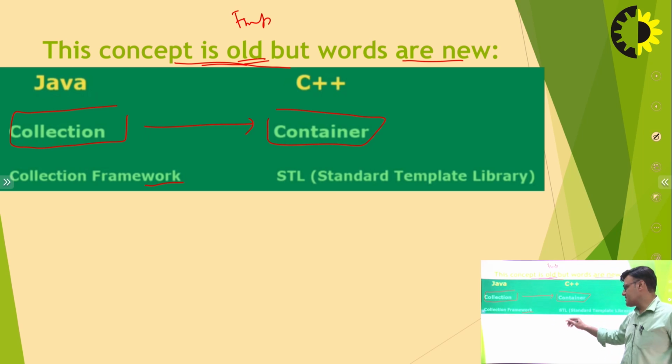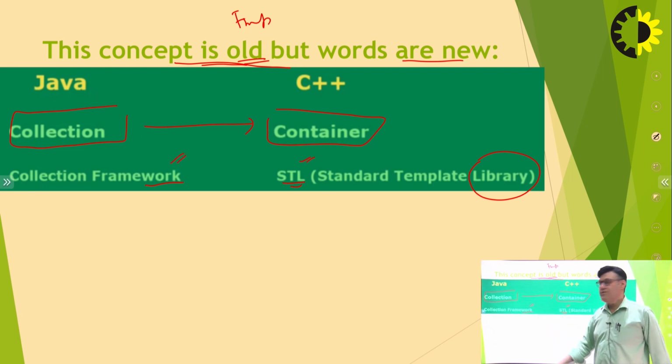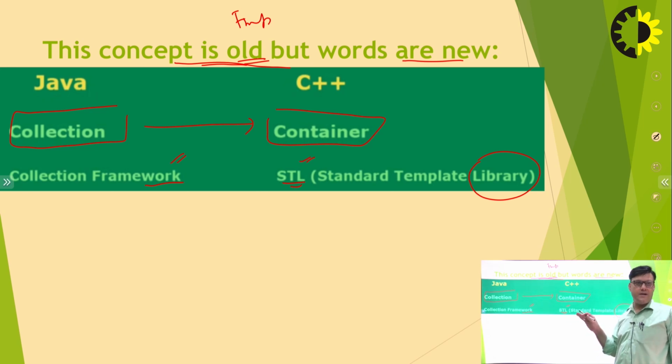In C++, this collection framework is known as STL, Standard Template Library. You see this is a library. What is a library? A library is a group where a number of classes and interfaces are there. So the library is STL, and here we call it a collection framework. So keep in mind the concept is old but the words are new, for example, collection and collection framework.